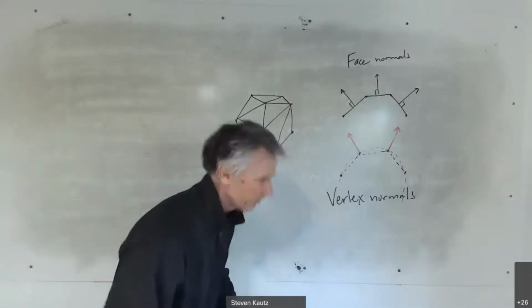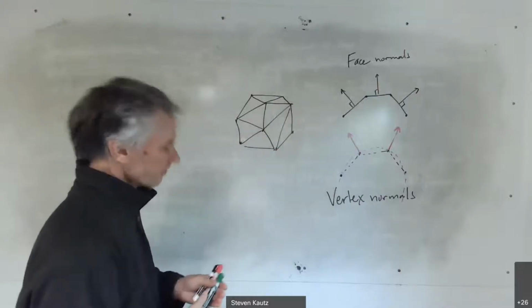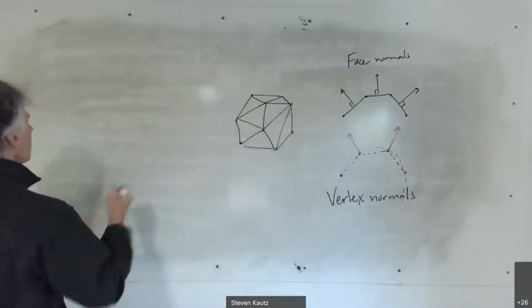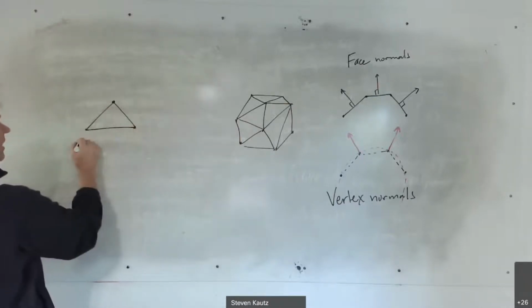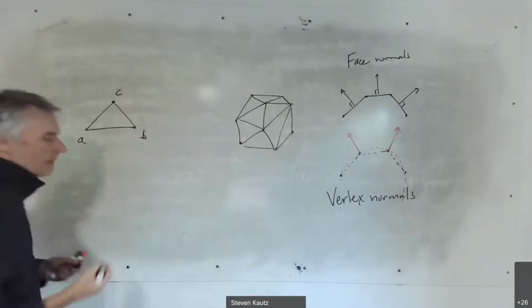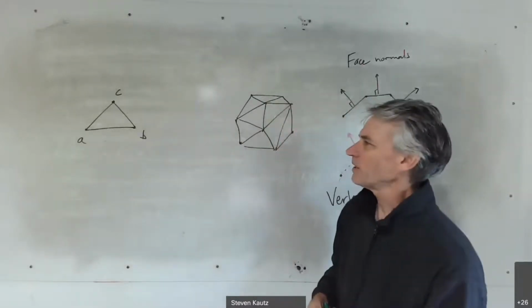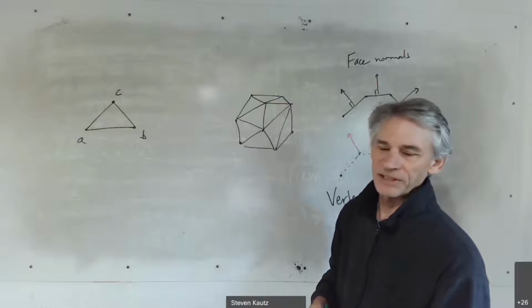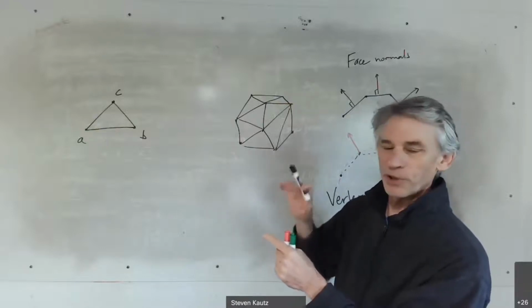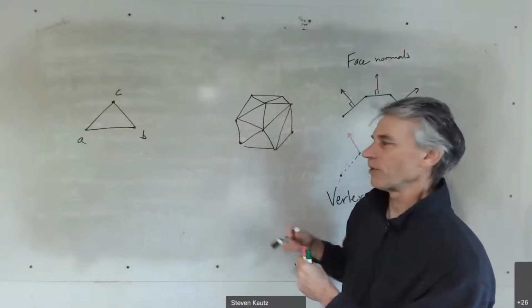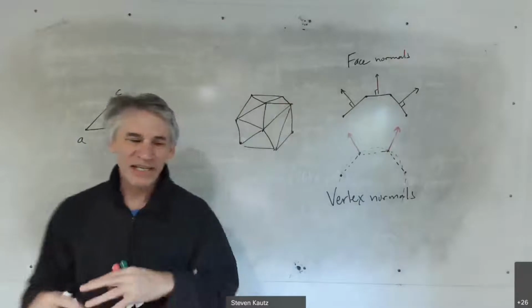So let me get another color. So the idea here is, first of all, how do you get a normal vector? And if you just look at one triangular face, let's say, and imagine you've got A, B, and C, and there's a convention that we haven't really had to think about yet, that we should become familiar with now, which is when you list the vertices of a triangle in your model, whether you are listing them by just putting the vertices in a certain order in your buffer, or whether you're listing them by choosing the indices in a certain order, there's a concept of the inside and the outside.